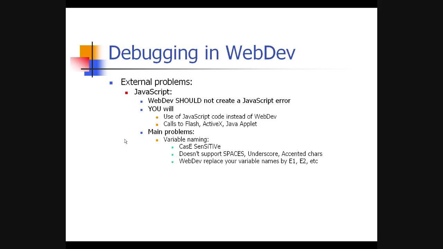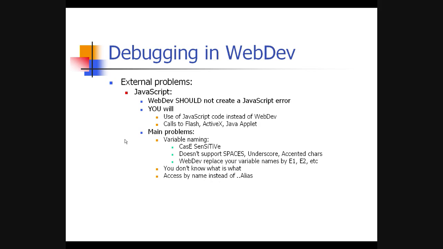Which means that basically you don't know what is what. When you look at the JavaScript code, you see that something is done on E1, but you don't have any E1 in your page. Well, there are two different ways of knowing what is what, and we'll look at that later.